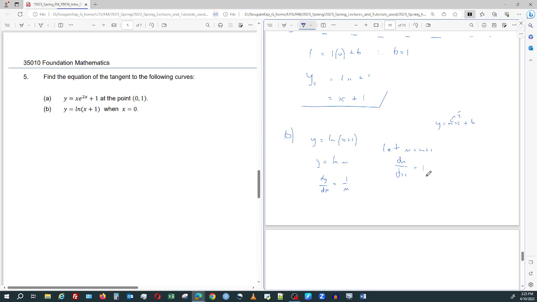This one here is just 1, so it's 1 over u. We chain them together, it's just 1 times 1 over u. So y dash is equal to 1 over u, which is 1 over x plus 1.